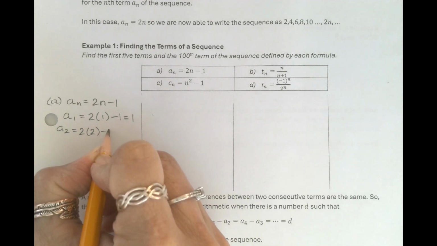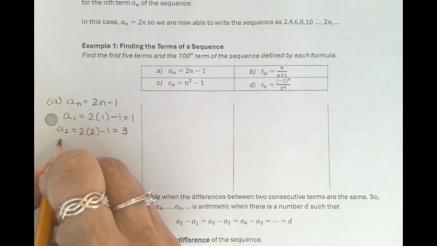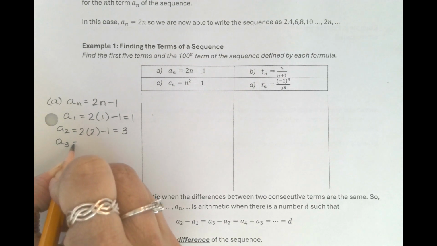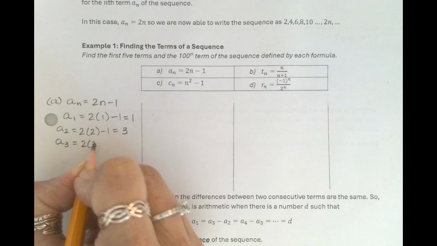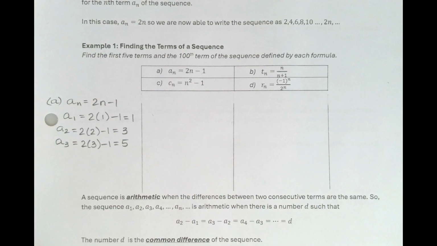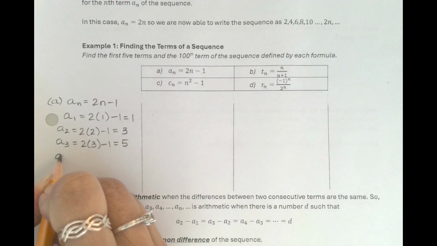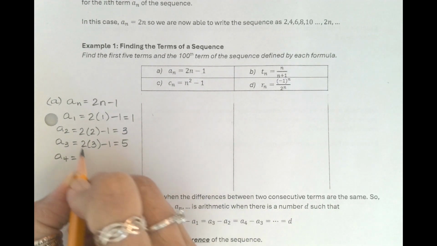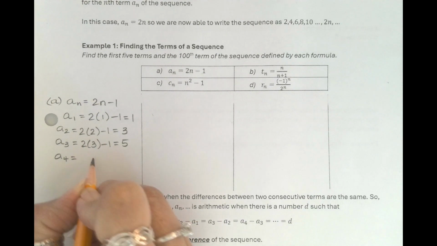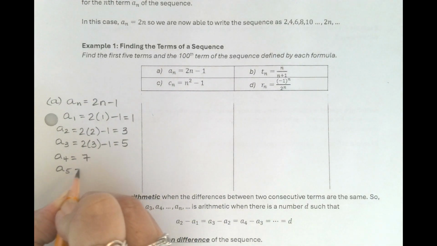Substitute n with 2. 4 minus 1 is a 3. I will continue this pattern, and then I start noticing that I see a trend. 1, 3, 5. So if I had to guess, 2 times 4 is 8, 8 minus 1 is going to be a 7. I'm increasing by 2's, right?